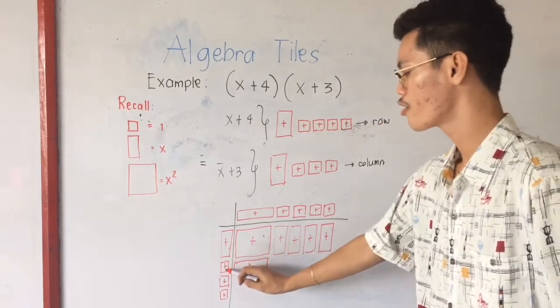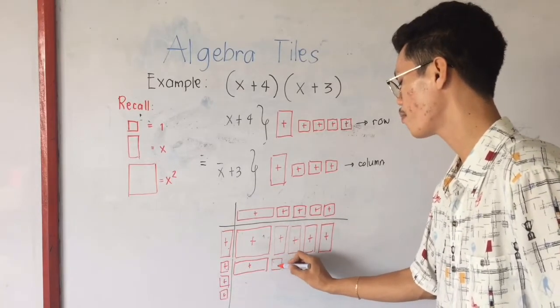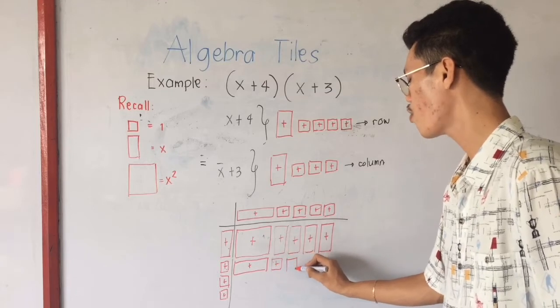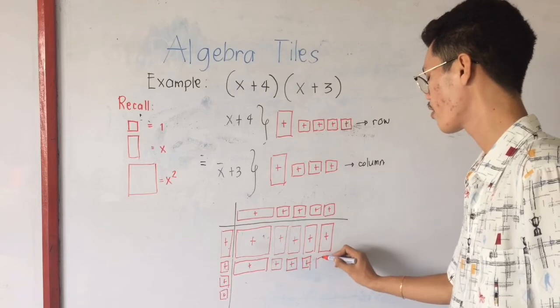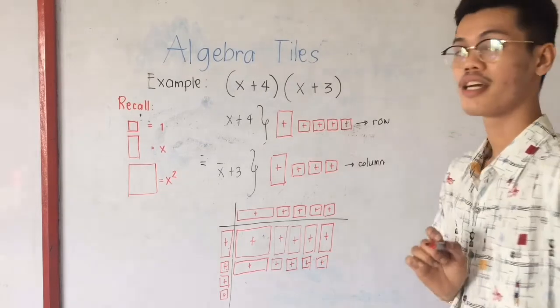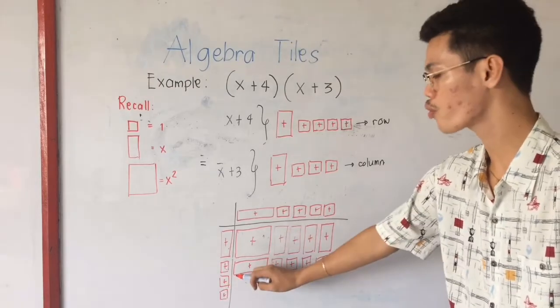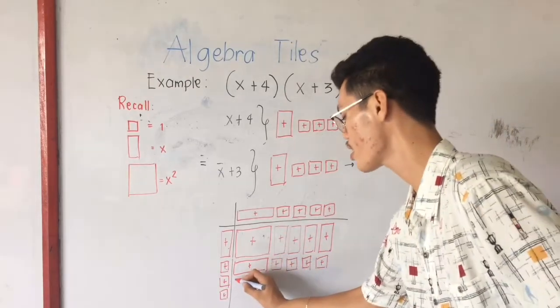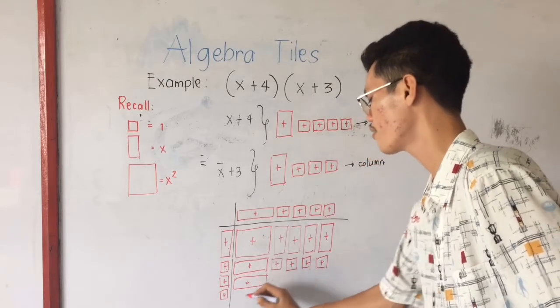Next, small square times small square makes a small square, positive. So there are 4 small squares. 3, 4. Next, small square times the rectangle. It is still a rectangle, that is in horizontal form.